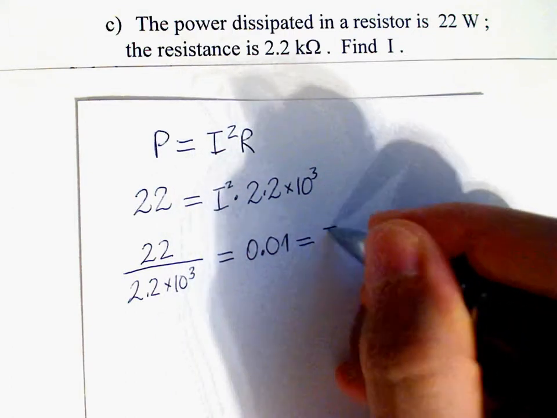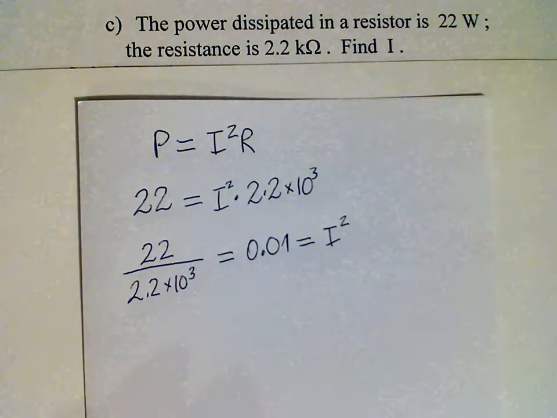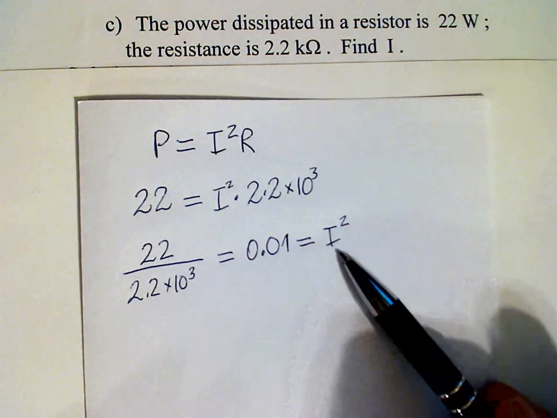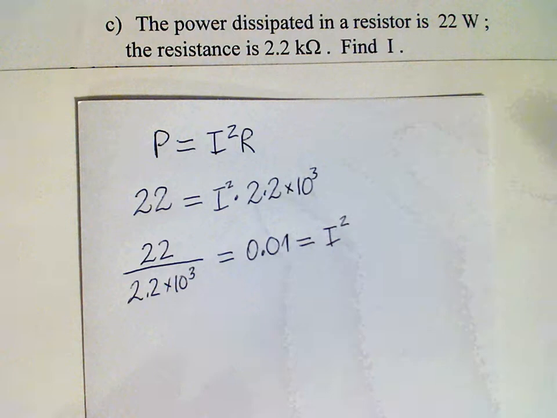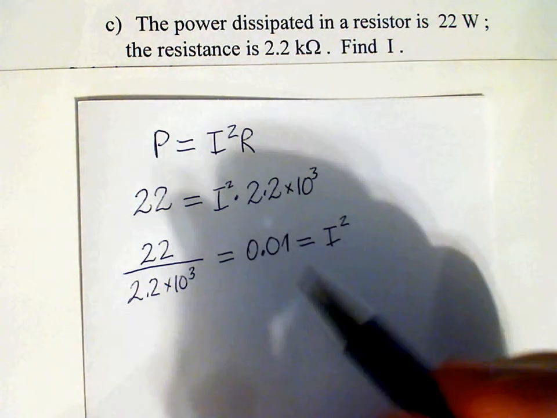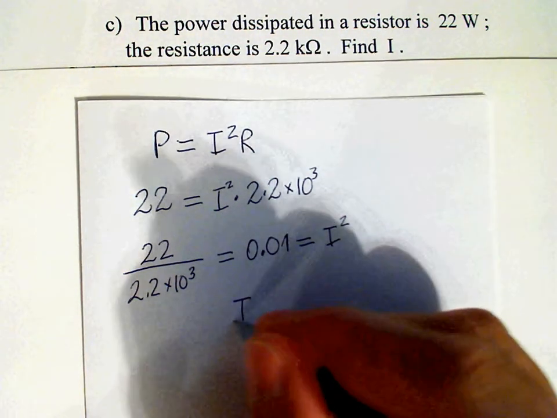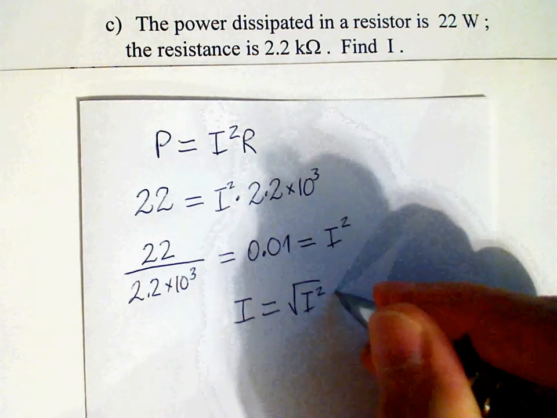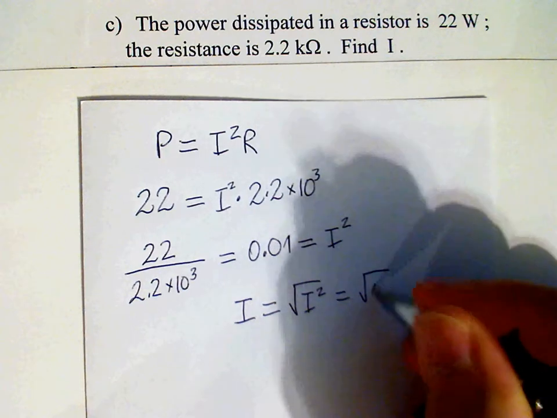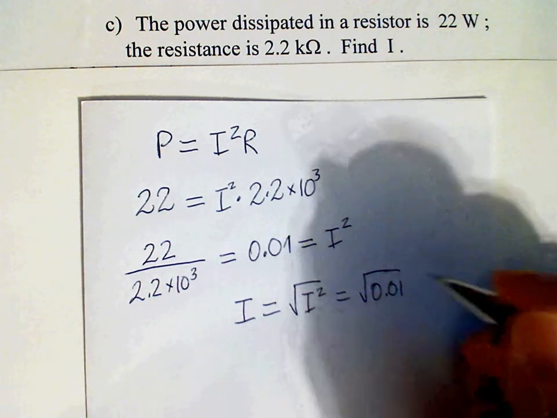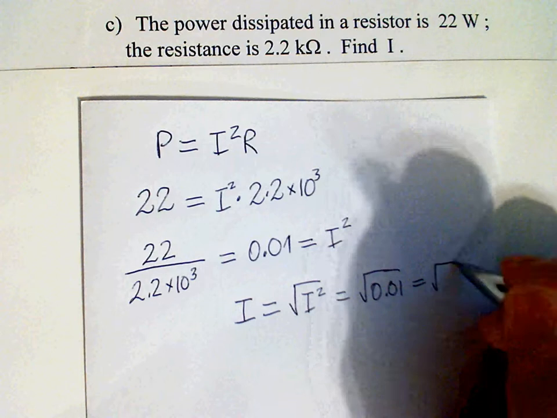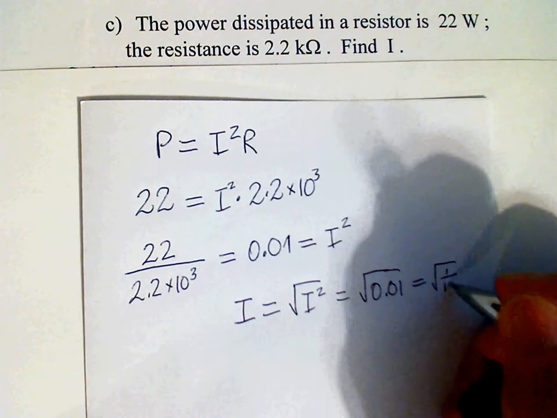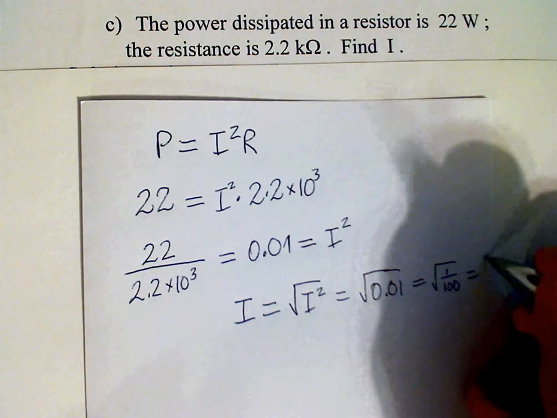Of course, that's not the final answer. How do we get the final answer if we know I squared is 0.01? Well, we have to take the square root, don't we? So I is equal to the square root of I squared, the square root of 0.01, and that is the square root of 1 over 100, which is 1/10.